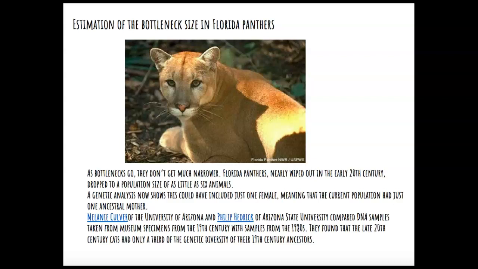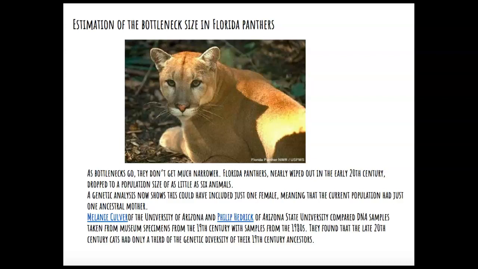During the early 20th century, the population dropped to a size of as little as 6 animals. And genetic analysis shows that this could have included just one female, meaning that the current population had just one ancestral mother and then 5 males. And so the genetic diversity of that population goes way down.